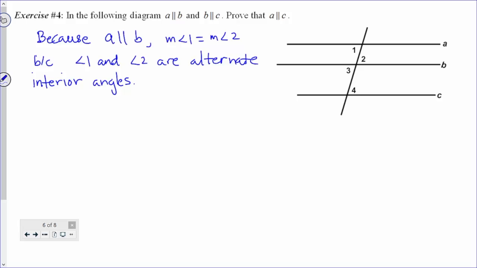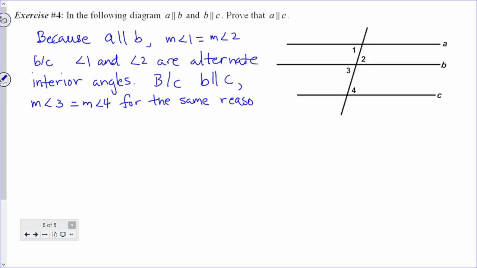Now we can also say, because B is parallel to C, measure of angle 3 is equal to measure of angle 4 for the same reason. And by the way, saying something like that in a paragraph proof is perfectly acceptable.